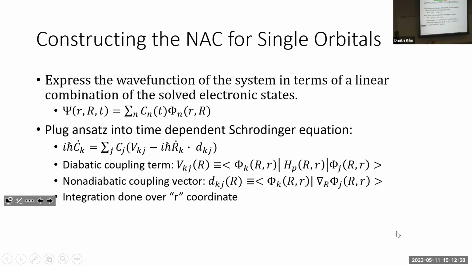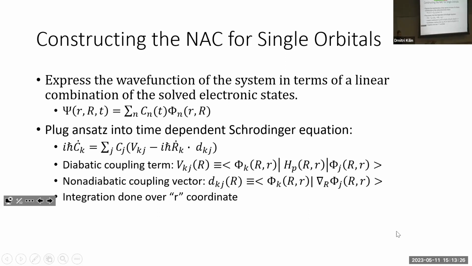So to construct the non-adiabatic couplings for single orbitals, for starters, instead of splitting up the electronic and nuclear degrees of freedom, we're going to express our total wave function as a linear combination of the electronic adiabatic states and some coefficient. And if you put this ansatz into the time-dependent Schrodinger equation, we're going to have our diabatic coupling term, which is this VK, and the non-adiabatic coupling vector.